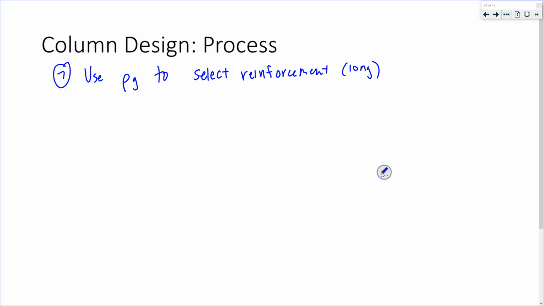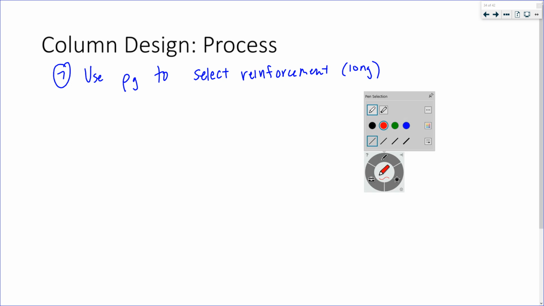Our next thing, so we have to select reinforcement, right? Longitudinal reinforcement. Our area of steel is equal to rho times our gross cross-sectional area.